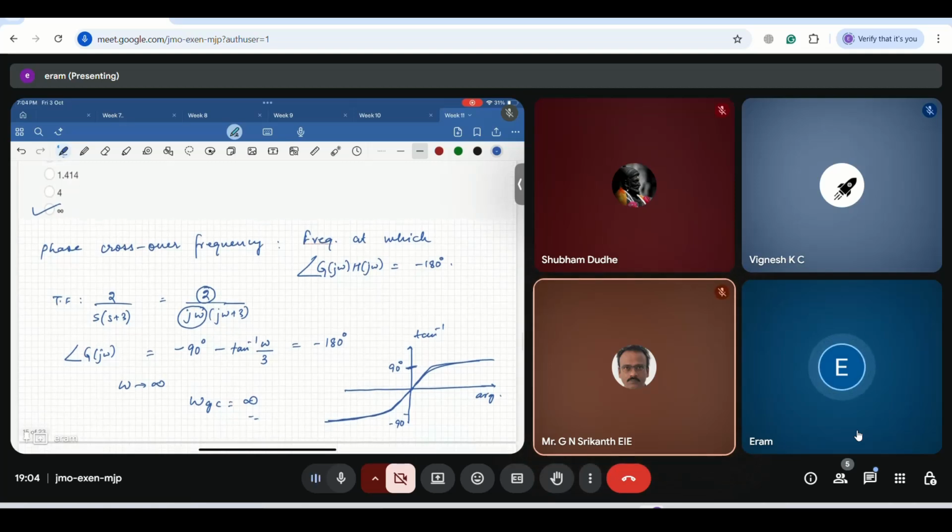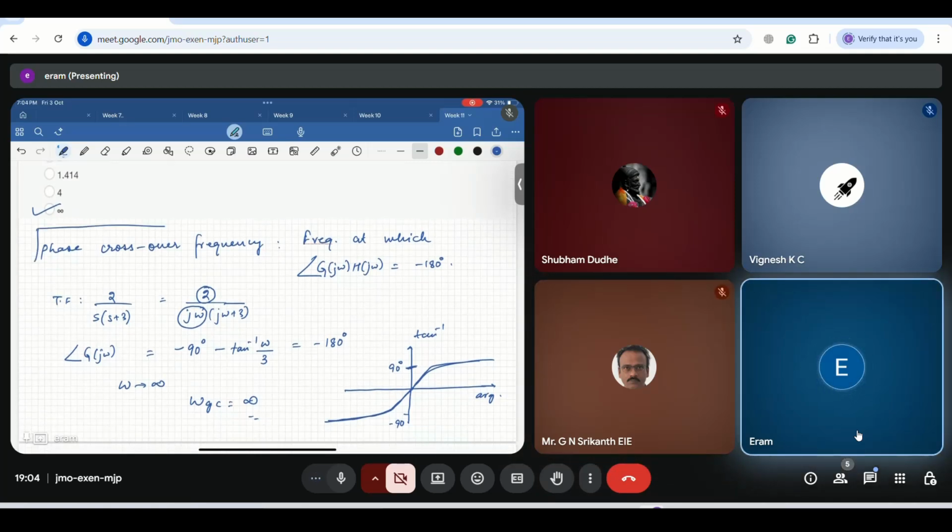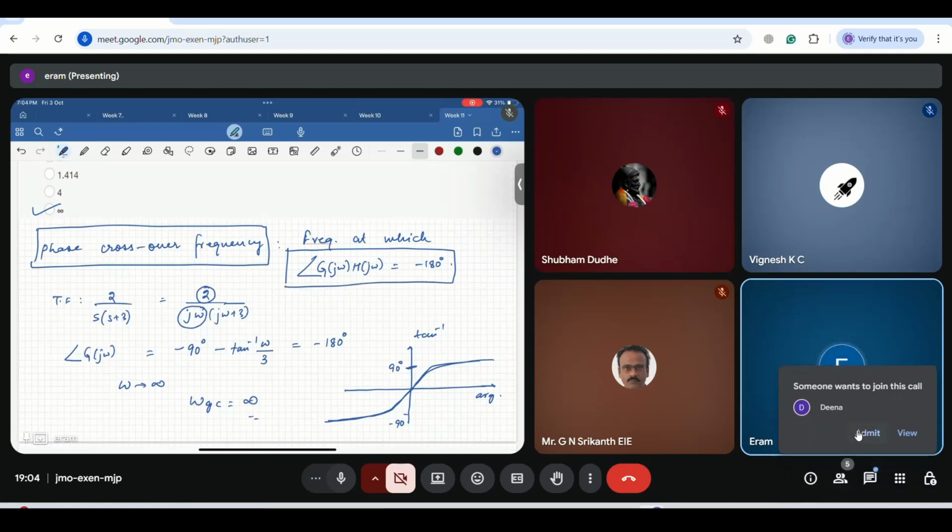Okay, so the definition of phase crossover frequency is the frequency at which the phase of the open loop transfer function is equal to minus 180 degrees. So this is as per definition. Now, based on that definition, we have calculated the phase. The transfer function was given to us.